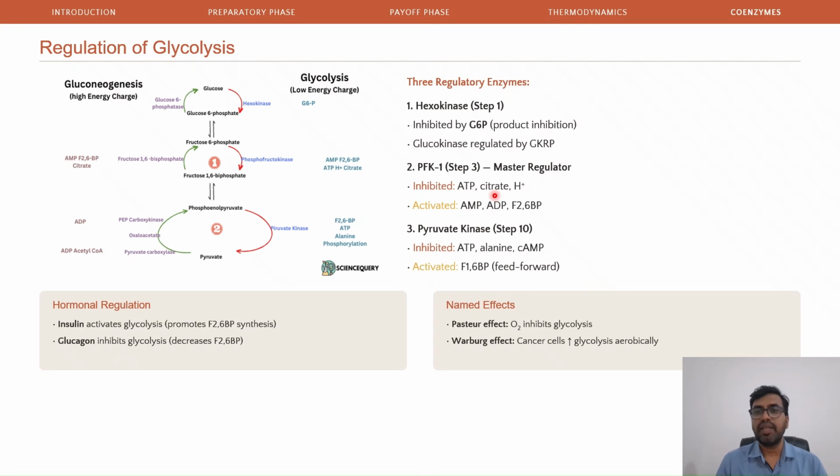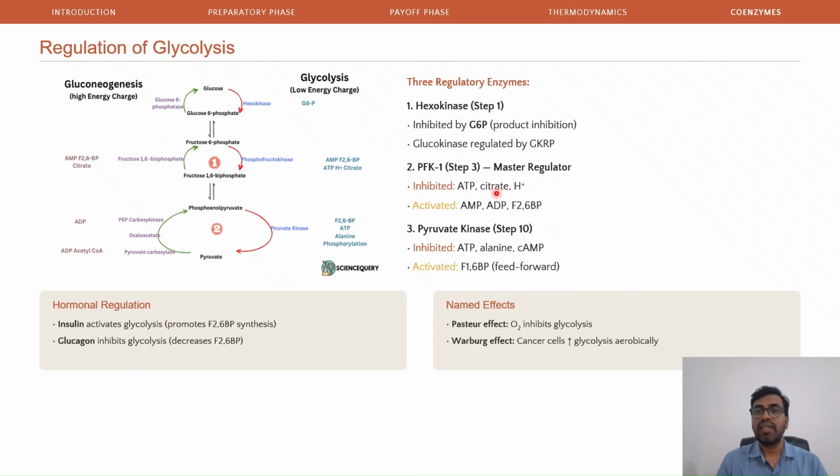Now citrate is the first component of citric acid cycle. Now excess of citrate does mean that there is already much amount of citric acid cycle intermediates.